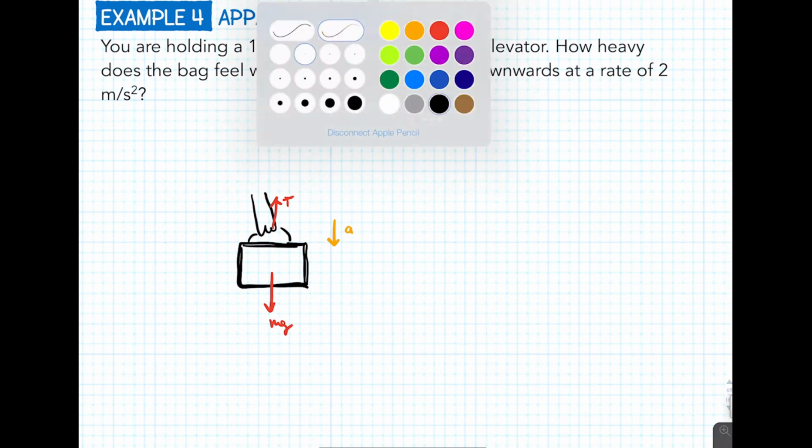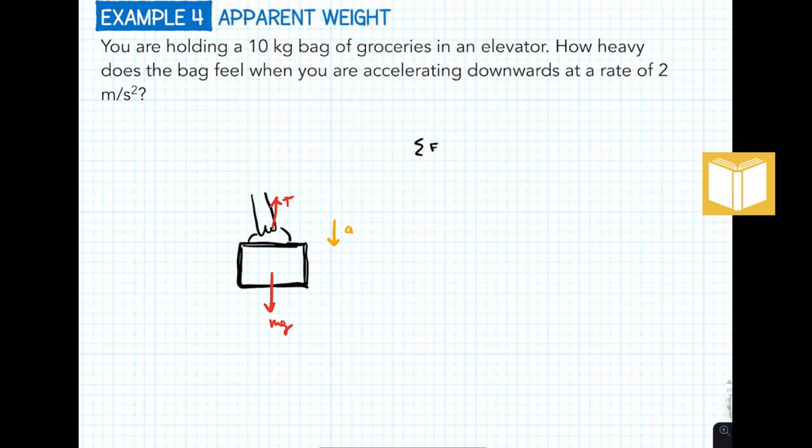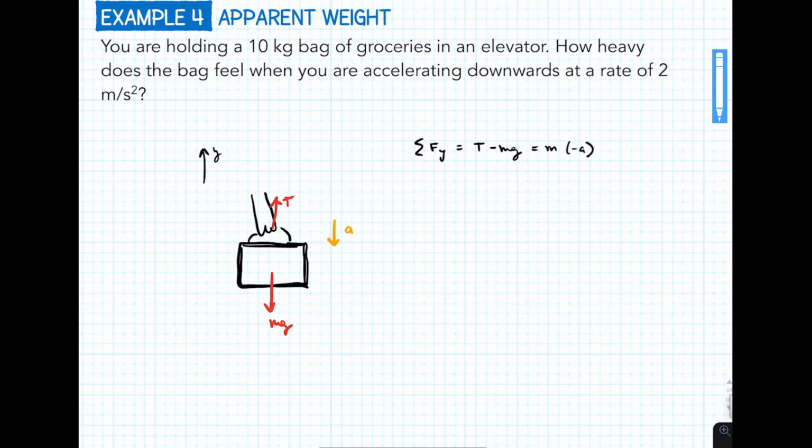So we're going to sum up all our forces in the y direction, and that's going to be equal to tension minus mg, and this is going to be equal to mass times acceleration, but which way is the acceleration? So remember, if this is the y direction, this will be negative acceleration, okay? That's very important, and we see that from looking at this versus this.